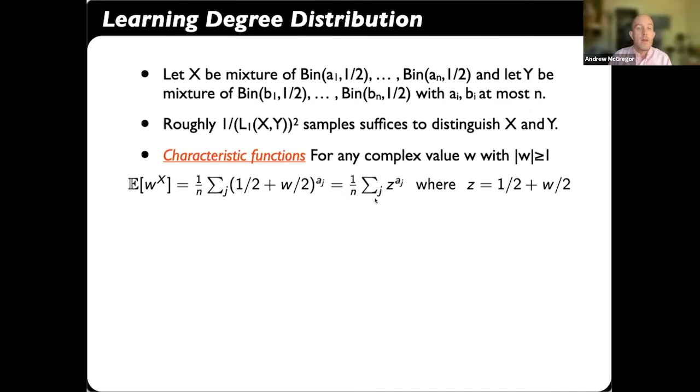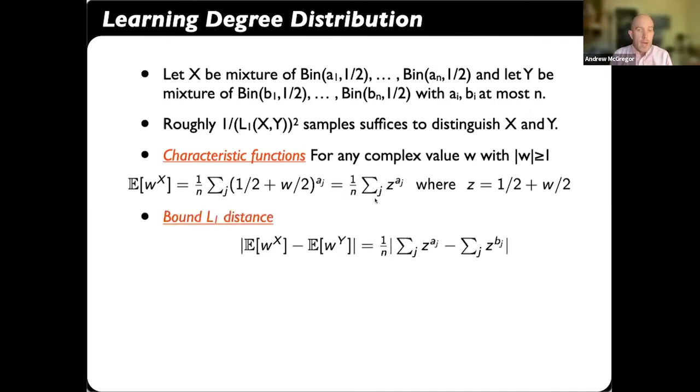Okay. So to get a handle on the variational distance between X and Y, we can look at the difference between the expectation of W to the X and the expectation of W to the Y. Following from the above bullet, we can write that in this form.